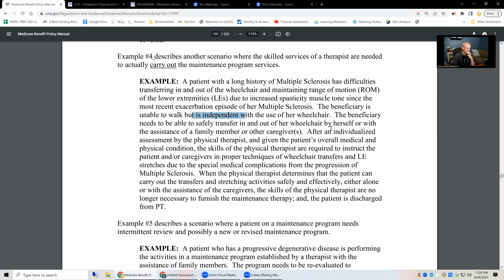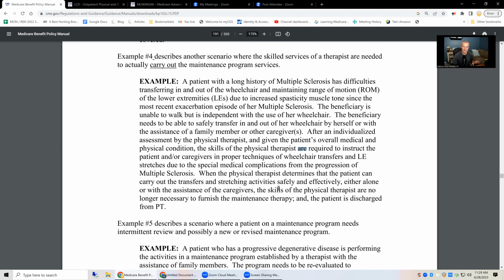The individualized assessment of a physical therapist, and given the patient's overall medical and physical condition, the skills of a therapist are required. Notice this is the first time we see the word are required to instruct the patient or caregiver on proper techniques of wheelchair transfer and lower extremity stretches due to special medical complications from the progression of MS. When the therapist determines that the patient can carry out the transfers and stretching activities safely and effectively, either alone or with the assistance of a caregiver, the skills of a therapist are no longer necessary.